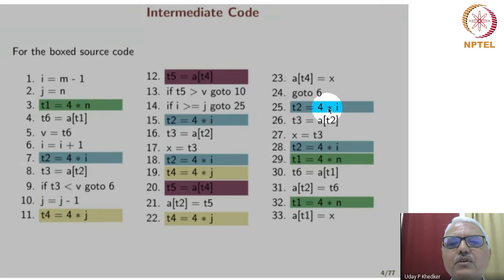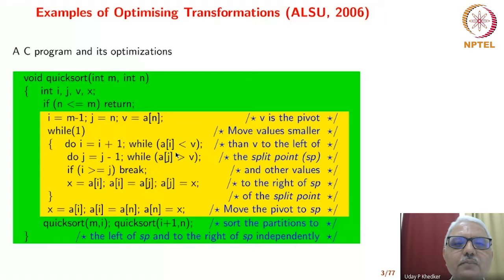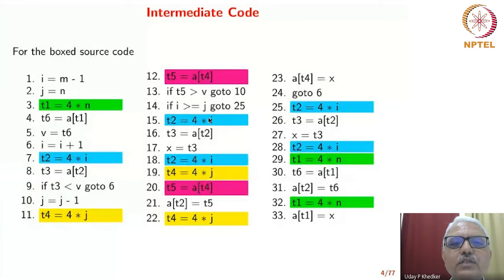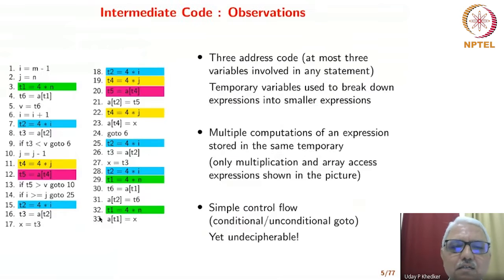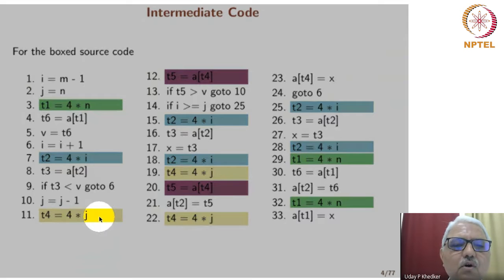Here also t2 = 4 * i. And here also t2 = 4 * i. Here also t2 = 4 * i. So color blue represents t2 = 4 * i, whereas color green represents 4 * n, color yellow represents 4 * j.